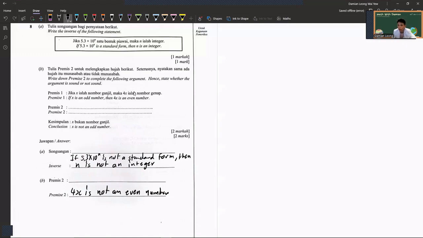So sound or not sound. So we see whether it's correct or not. If x is an odd number, I can just look at the original statement. Okay, if x is an odd number, 4x is an even number. 4 times an odd number would be an even number.